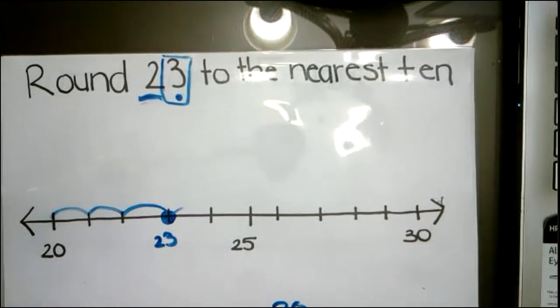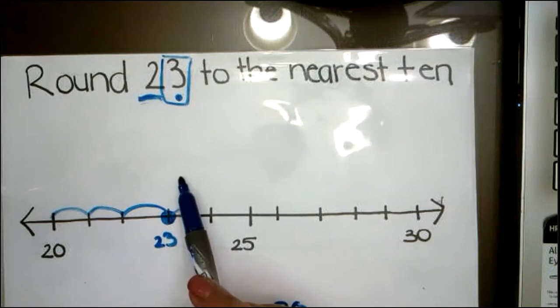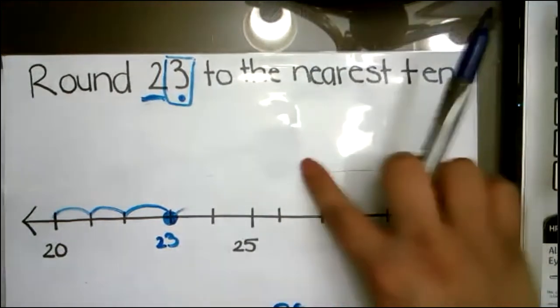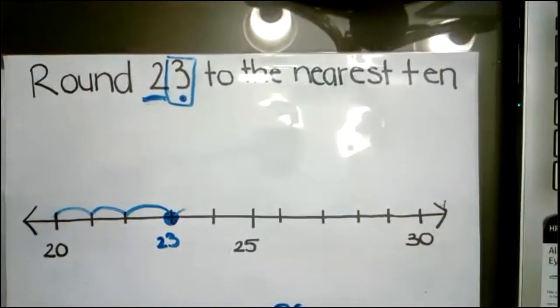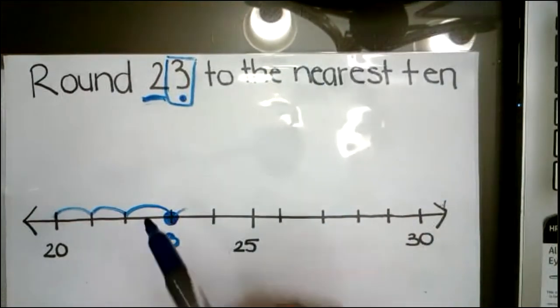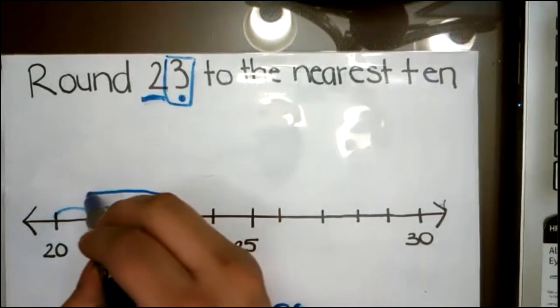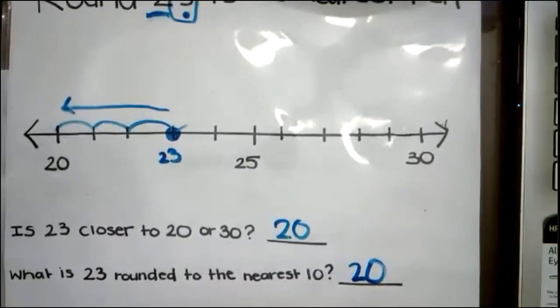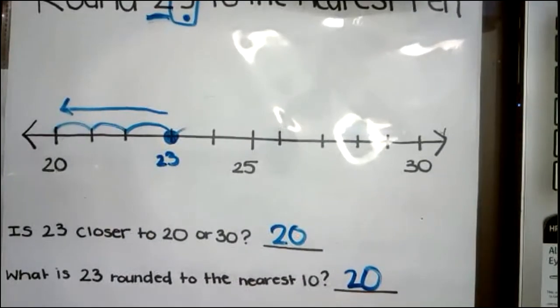If the number in our ones place is a 5, 6, 7, 8, or 9, that's telling us we're going to round up, and it would be 30. In this case, our ones place is 3, telling us we're going to round down, and our answer would be 20. Amazing job, friends.